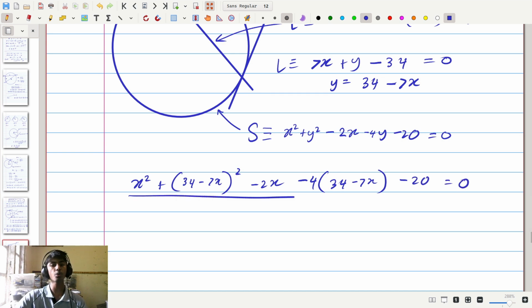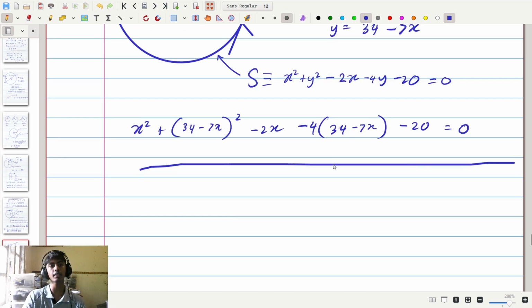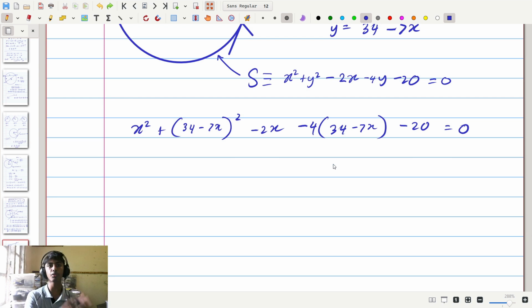Now what we need to do is simplify this down, find x in terms of the constants that we have here, in which case we are going to get a quadratic, which means there are two values of x. The two values of x that we are going to get are the x coordinates of this coordinate here and this point here. So let's try and solve this quadratic and find x, and then once we find x, we can also find the corresponding y values for those two coordinates, write them down and use them to find the equation of the two tangents.